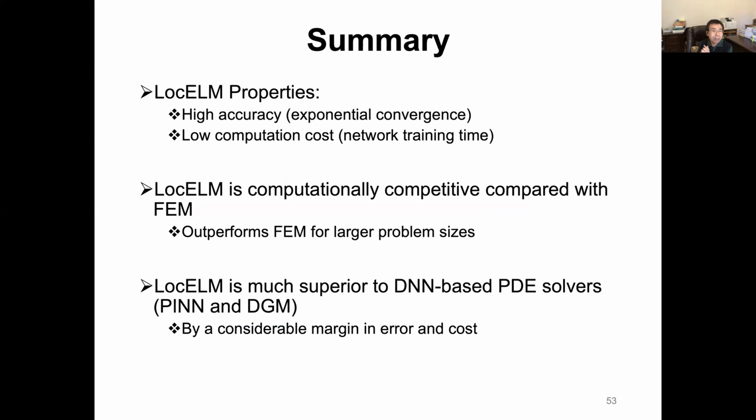The local ELM seems to have quite high accuracy. The exponential convergence, I think, is very attractive, and the computational cost is relatively low. The training time compared with the classical FEM is computationally competitive, and with larger problem sizes, it outperforms the FEM.